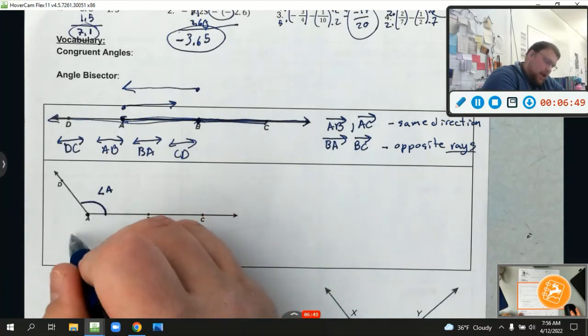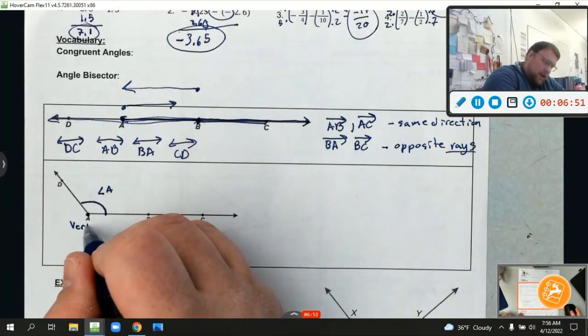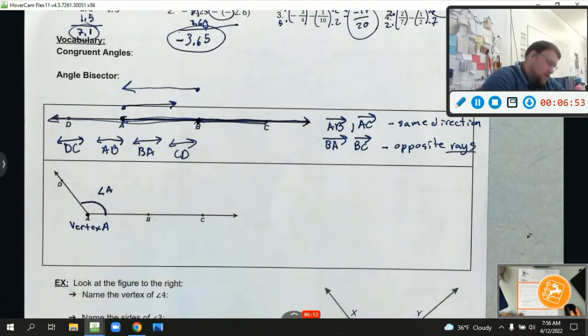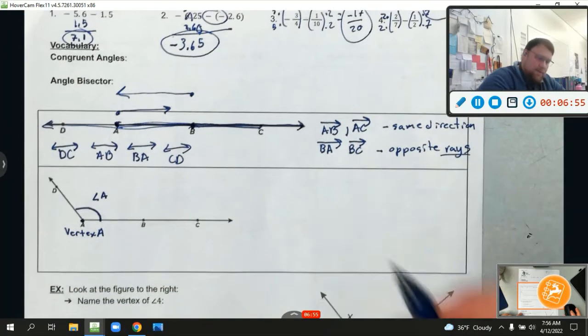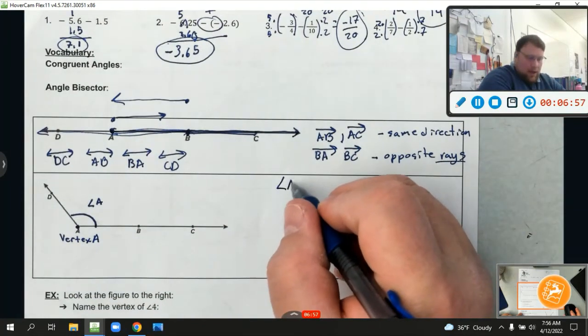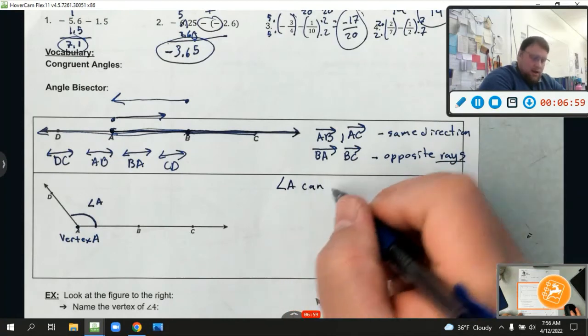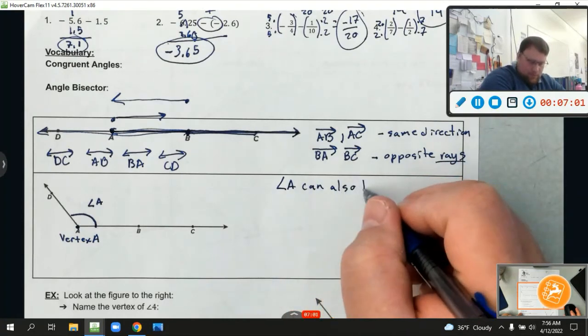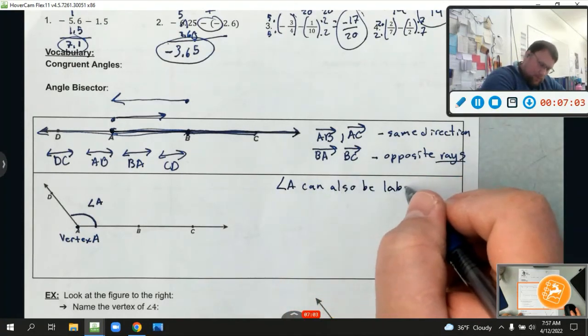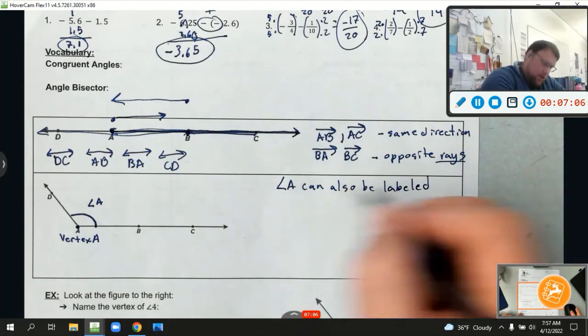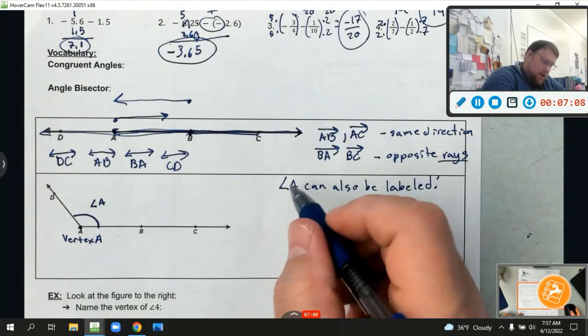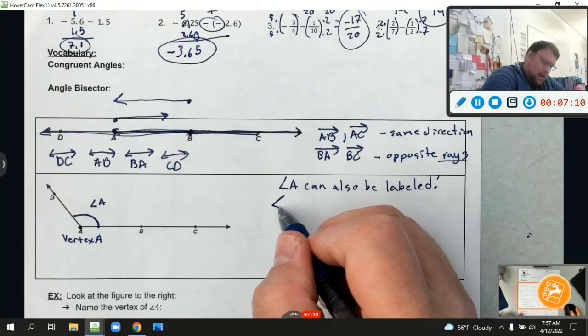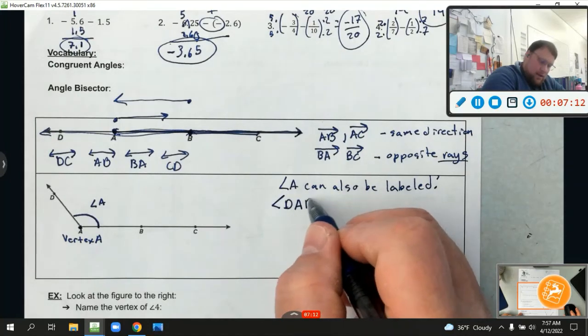And angle A has a vertex, so the vertex of that angle is at A as well. Angle A can also be labeled angle DAB. Why?